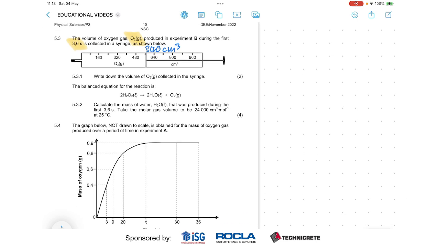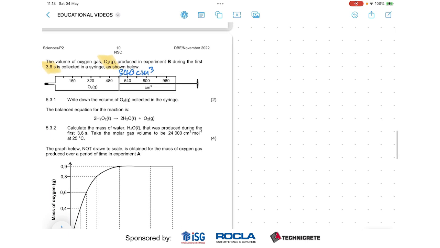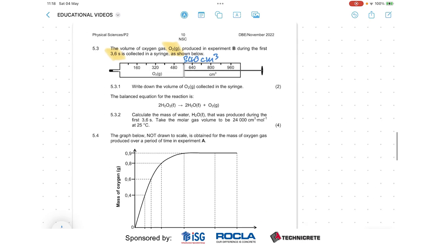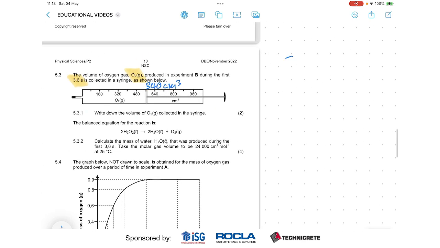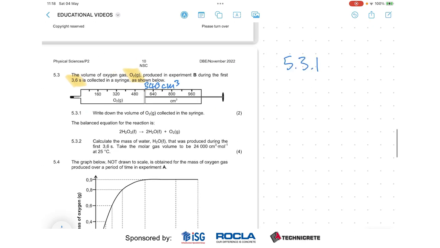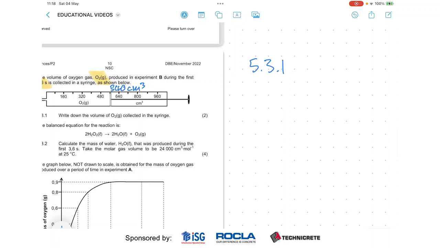Write down the volume of O2 collected in the syringe. Well, you've just done that. All right, wait, but let's do it properly. I'm not sure if I've done it properly. So 5.3.1. The syringe is between 640 minus 480. Let's do some really basic maths.